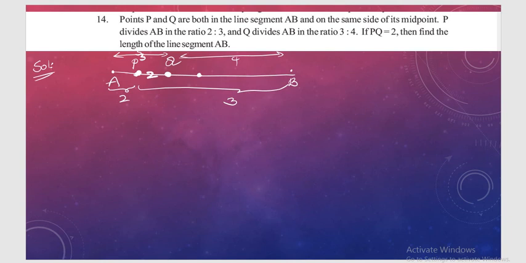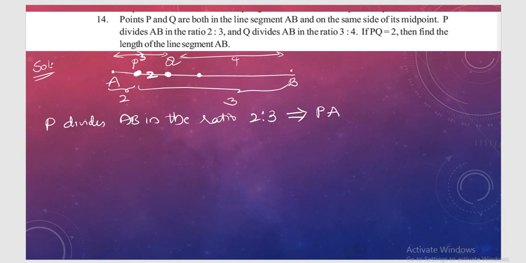Right. Now here we are going to follow one particular condition. See, he has given only the ratios, he did not give any lengths. Now from this what I can say is, P divides AB in the ratio 2:3.